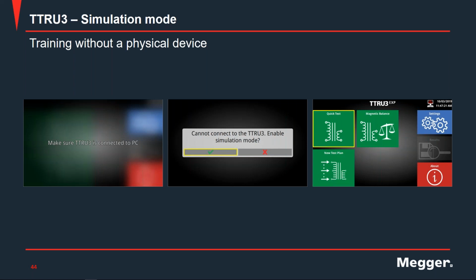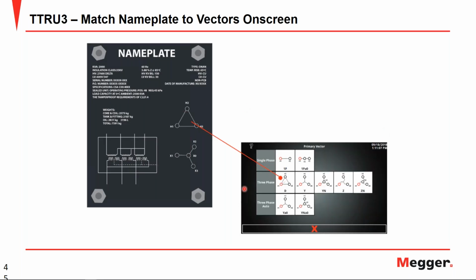When you do go and run that first quick test, because that is where the majority of people will go to, I encourage you with the software to first go to the quick test so you can see just how easy it is to set up and run a turns ratio test. You will first want to match your nameplate to the vectors that are displayed on screen. So here we have all of the labels for the different vectors, so H1, H2, H3.